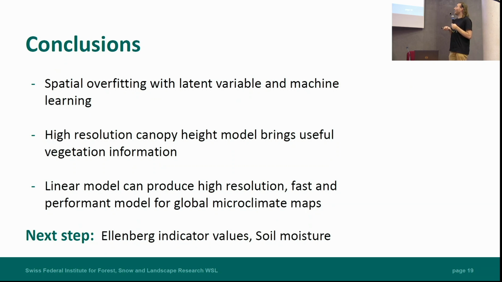But one interesting thing is still that this model was not tried before, because people in microclimate are more into mechanistic models, and they don't really like the correlative approach. The linear model we tried was using a canopy height model from Sentinel data, where you can compute the vegetation height.